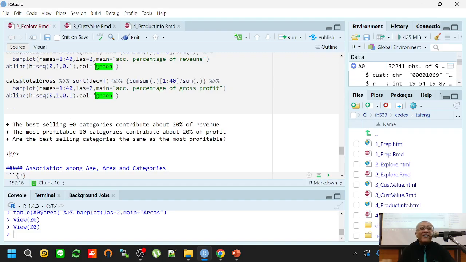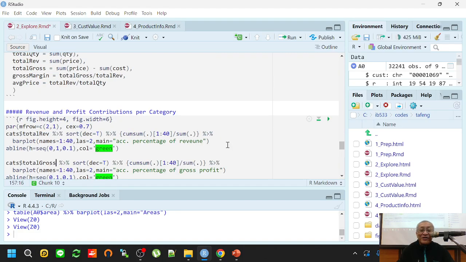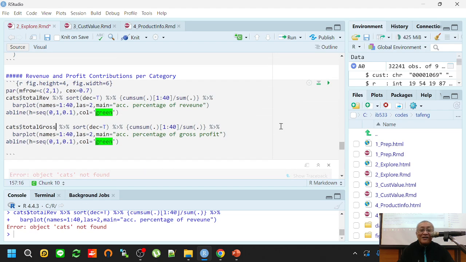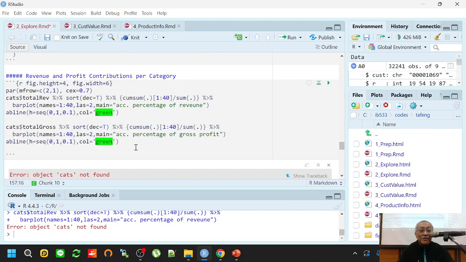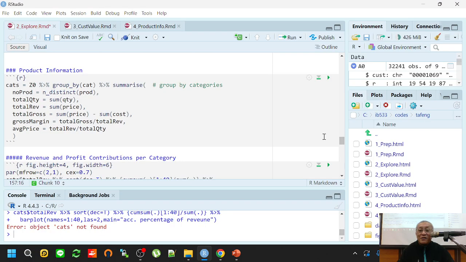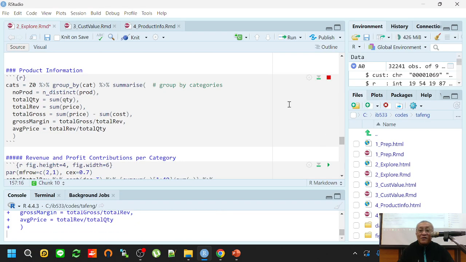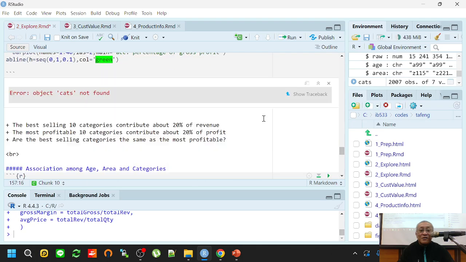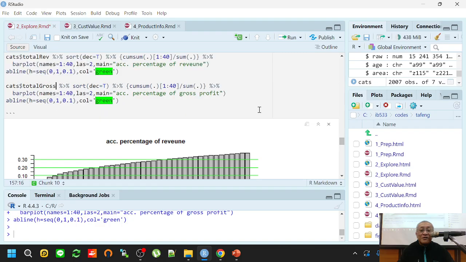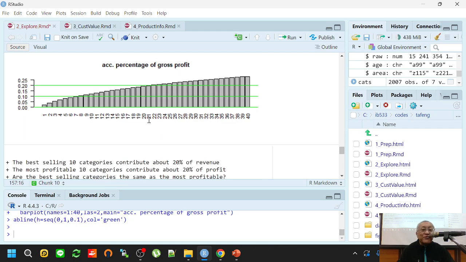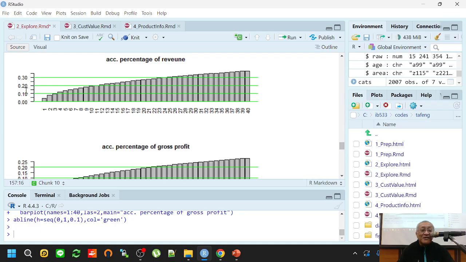Okay, and I'll do it again. Oh, sorry, I do this here. And then I can do this. So now they are different, right? This is 30, this is 25, right?